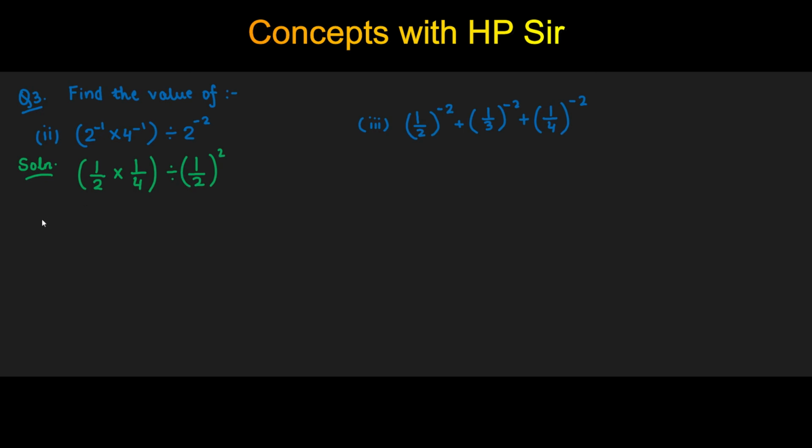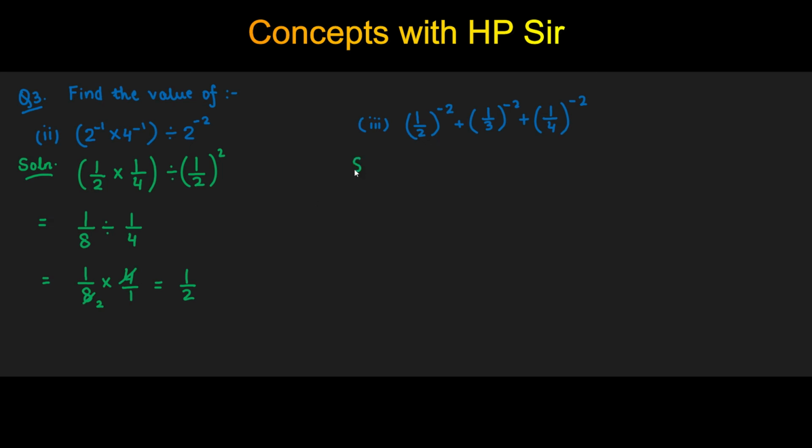Okay. Now within the first bracket, it becomes 1 upon 8 divided by 1 upon 4. So it is very simple now. You can write it as 1 by 8 into 4 upon 1. That is equal to 1 by 2. So that is your answer.